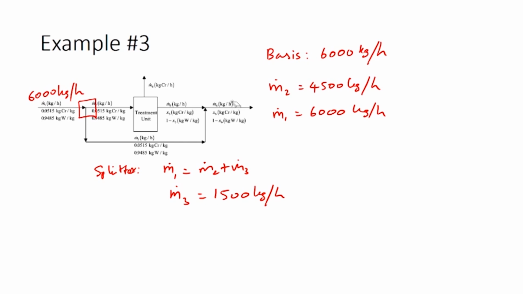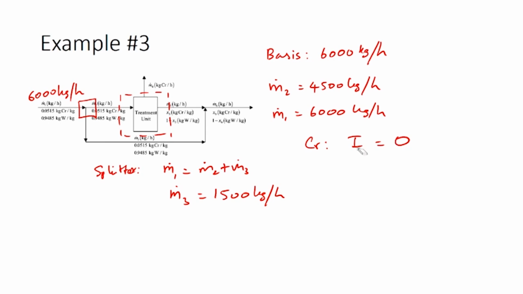For this, we can write material balances for the treatment unit, starting with a chromium balance. The chromium balance says that the amount of chromium input equals the amount of chromium output, because there is no reaction, so no generation or consumption, and at steady state there will not be any accumulation.